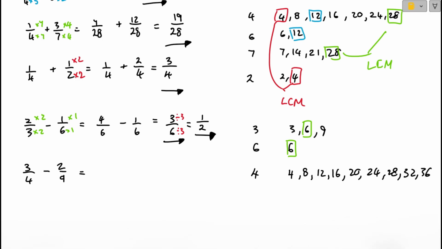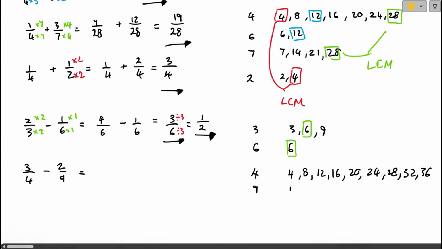And let's look at 9. So we have 9, 18, 27, and 36. Okay, that was actually much quicker than I thought. Right, we can see that both share 36, so we can say that the LCM is 36.